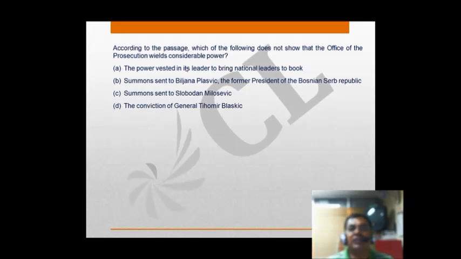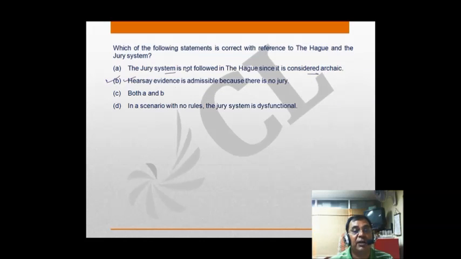According to the passage, which does not show the office of prosecution having the power that will bring national leaders to book? I think it was not conviction. The power that will bring national leaders to book was there. To Bijana Pausik, someone, the conviction of Jamal. I think he was only called. I've just checked. He was not convicted.